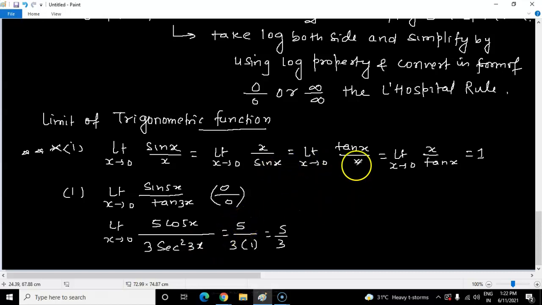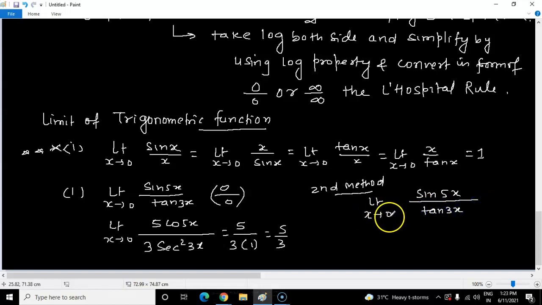Or if you know these properties, then you can do it by a second method. Limit of x tends to 0, sin 5x by tan 3x is given, and we know that x tends to 0 here. So this is 5x, so you can divide with 5x and multiply with 5x, the value will not change.